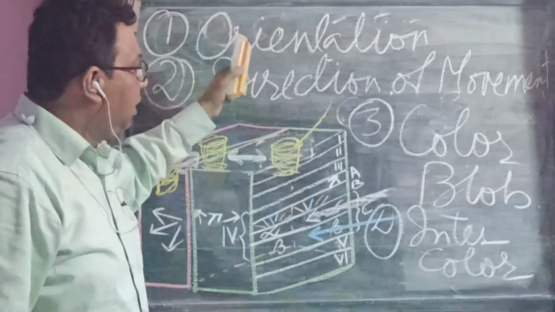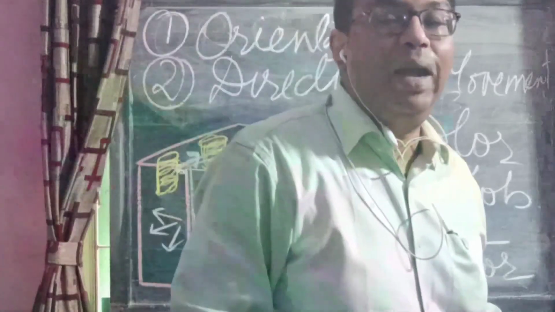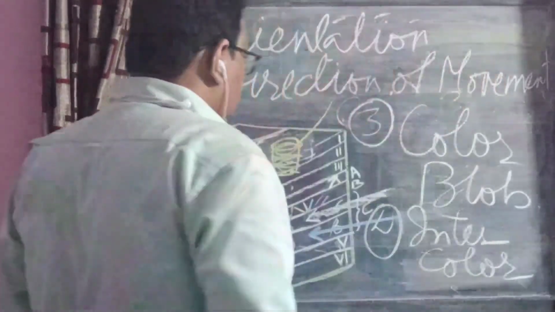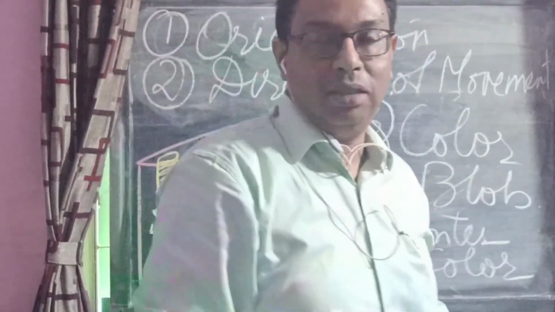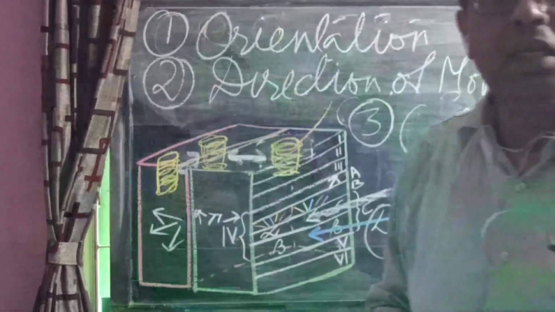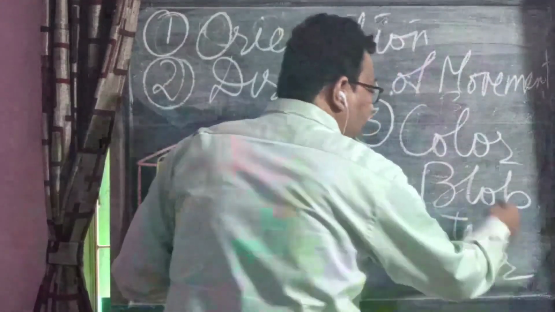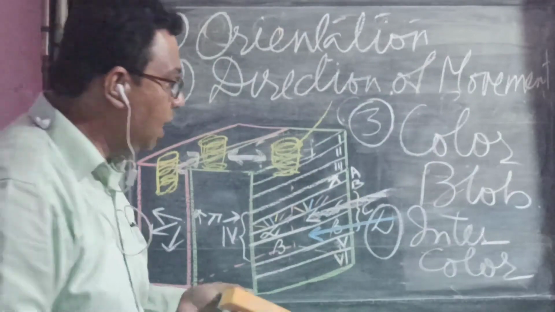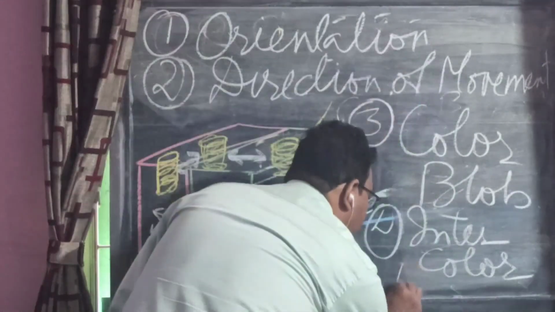It will only respond to the difference in spectrum. So these have cells which are double opponents. Please remember double opponent cells from previous classes. So color block and intercolor block.